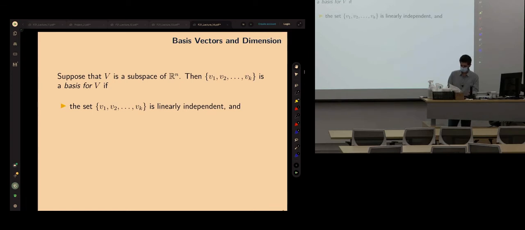The set of vectors V1 to Vk, each of them in Rn, is called a basis for the subspace V if, first of all, they are linearly independent. We do not want redundancy. They need to be independent vectors and directions.